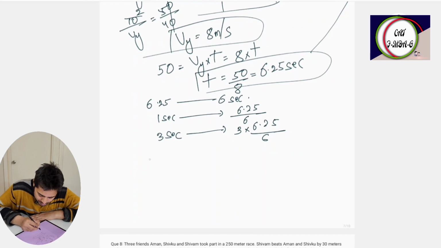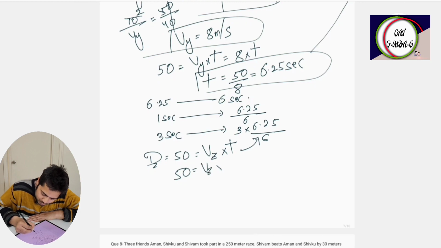Let us find the distance for z: 50 is equal to Vz into time, and time is this. So 50 is equal to Vz into 3 into 6.25 divided by 6.